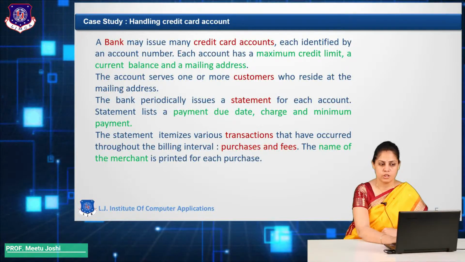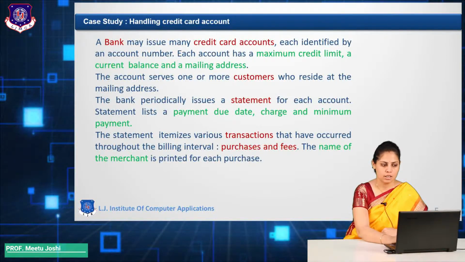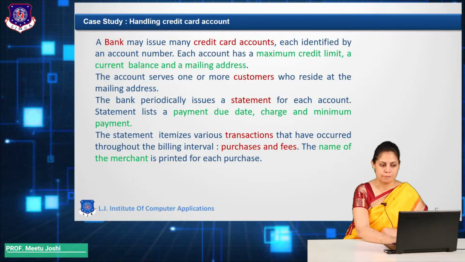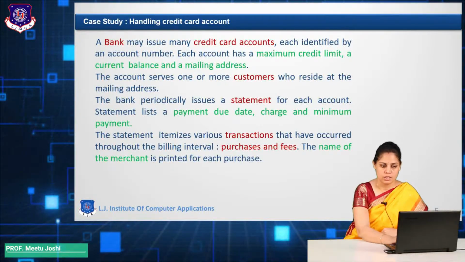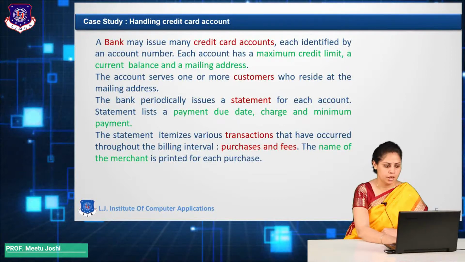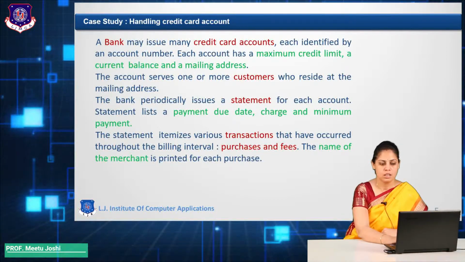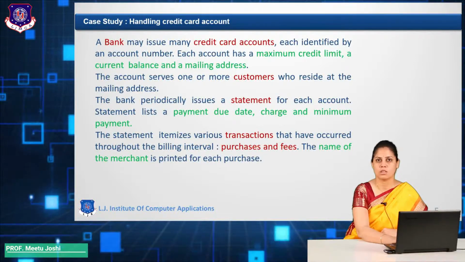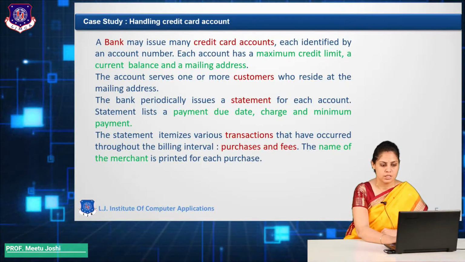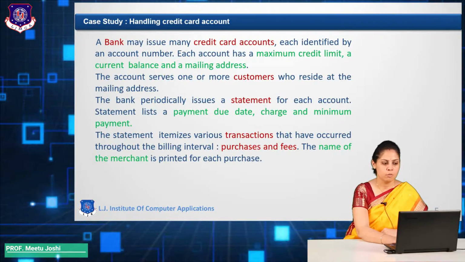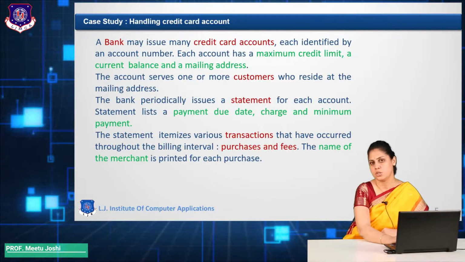The bank periodically issues a statement for each account. A statement lists a payment due date, charges, and minimum payment. A statement itemizes various transactions that have occurred throughout the billing interval, purchases and fees. The name of the merchant is printed for each purchase.